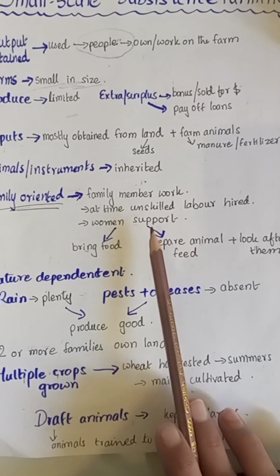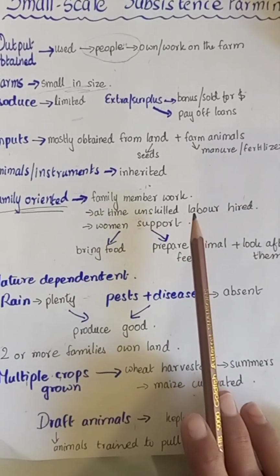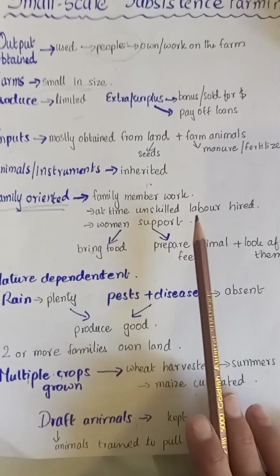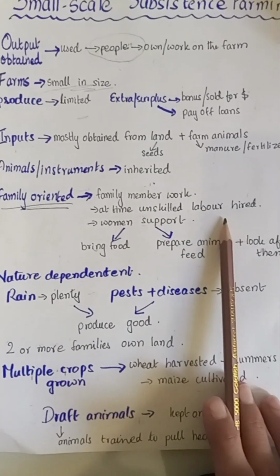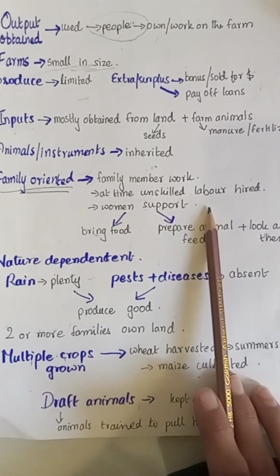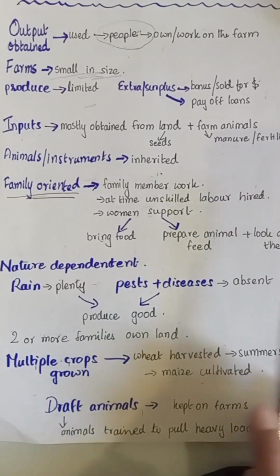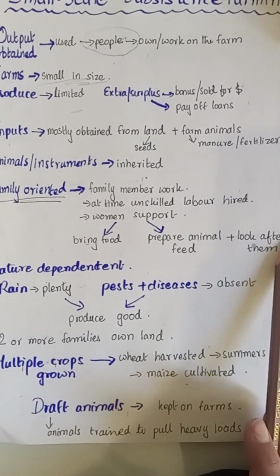They also mix the chaff with water and mud, and that mixture is used for making storage rooms for the produce that is obtained. And the cow dung is used as natural manure, and it's also kept in conical shapes, and it's covered with mud. So this kind of activity is mostly done by the women and children.